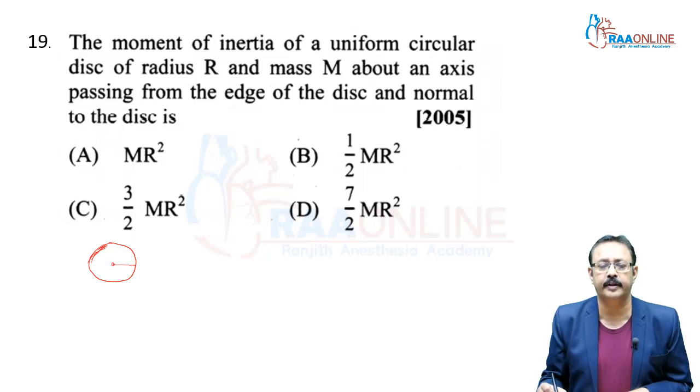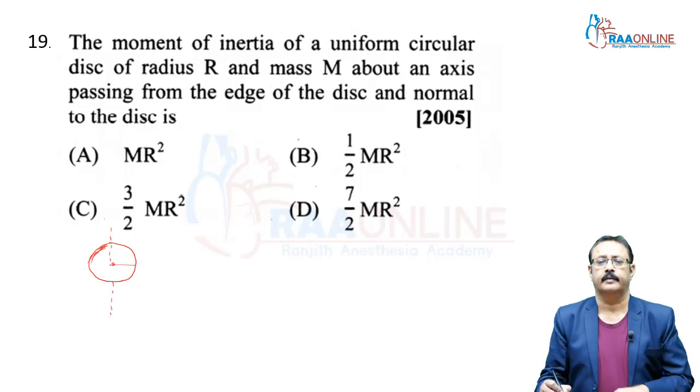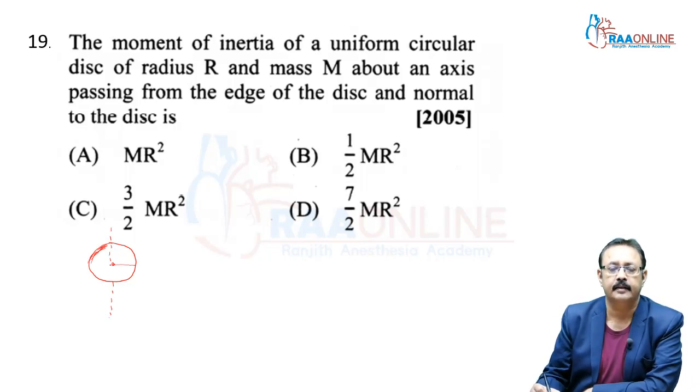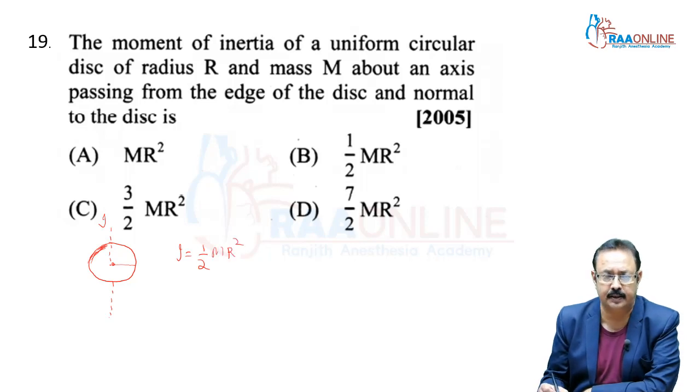We know the moment of inertia about the axis which is passing through the center and perpendicular to the plane, normal to the disk. What is the moment of inertia along this? Half m r square, because it is a disk. For a ring it is m r square.